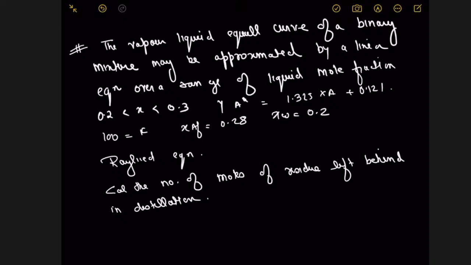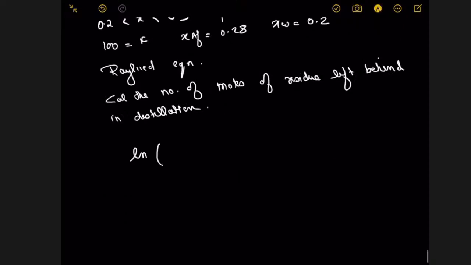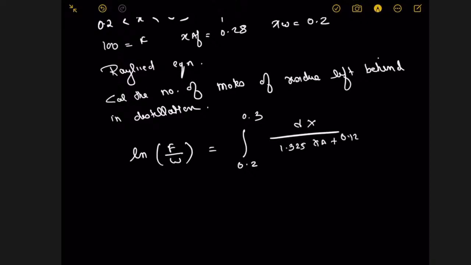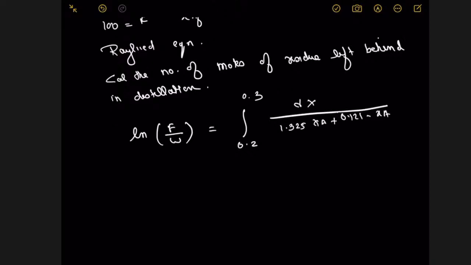So it will be ln F by W is equal to the integral over the range 0.2 to 0.3 of dx upon (y star minus x). So what is the value of y star? 1.325 xA plus 0.121 minus xA. Feed value is also given, and this feed value is 100.